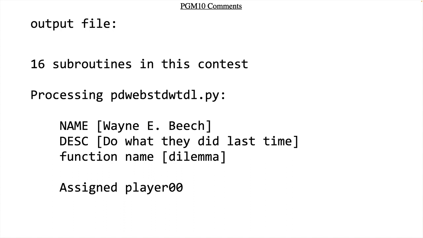I then find the function name that I used. In this case it was dilemma, and I assign myself player 0 because this is the first file that I'm looking at, and I replace the function name dilemma with player 00. And then it continues on.